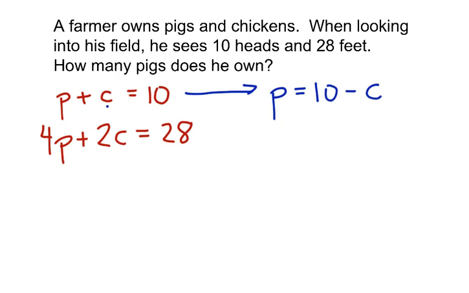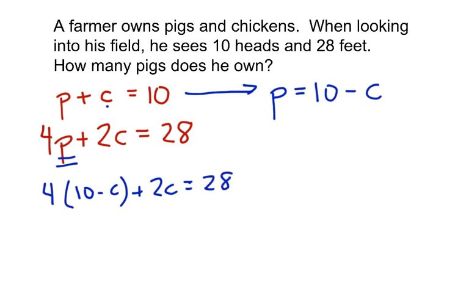Now that we know P is 10 minus C, we're going to substitute that in for P in the other equation. So we're going to have 4 times, we're not going to write P, we're going to write 10 minus C, plus 2C equals 28. And then we're going to solve this.